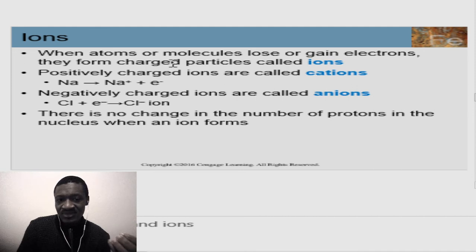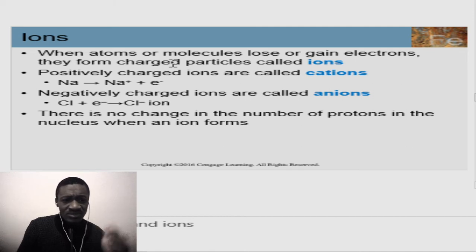Depending on how the change happens, it can be positively charged and you call them cations, or it can be negatively charged and then you call them anions. So it's gain or loss, as when sodium loses or chlorine gains, you have all of the situations.